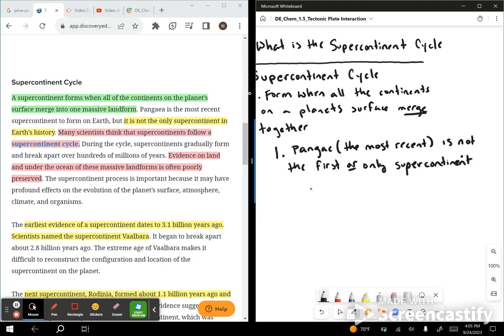Many scientists think they form cyclically. I hope I spelled that correctly, but they happen regularly.